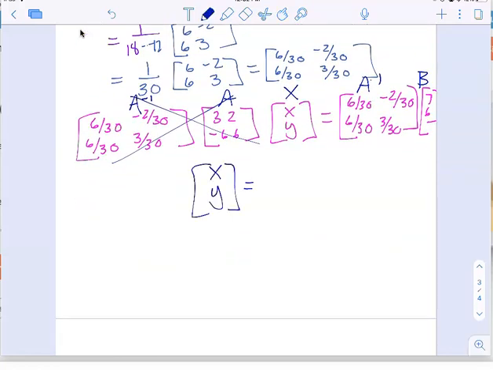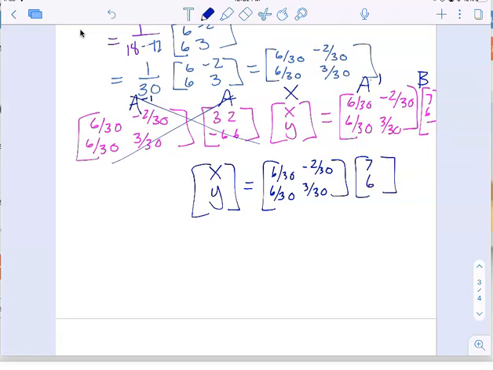xy equals 6 over 30, 6 over 30, negative 2 over 30, 3 over 30, times 7, 6. Oops, not a fraction. I don't know why I wrote it like a fraction. 7 and 6.